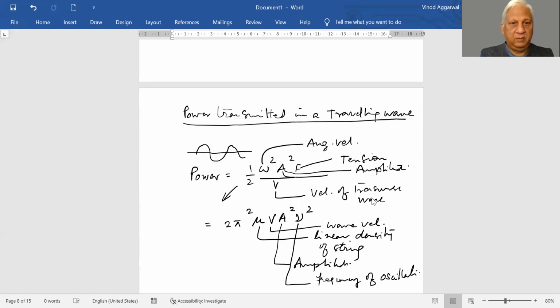So this is the power which is transmitted along a string by a sine wave.